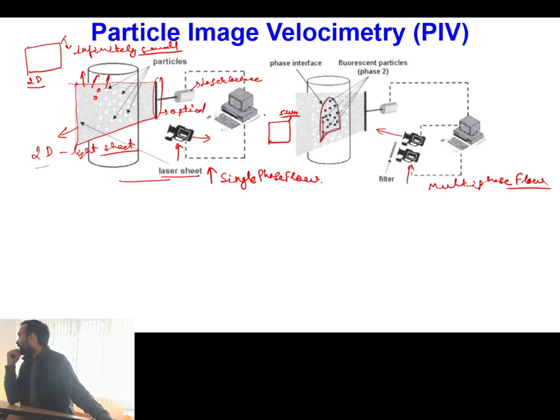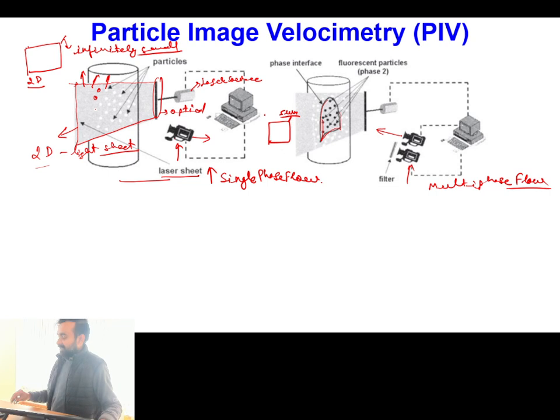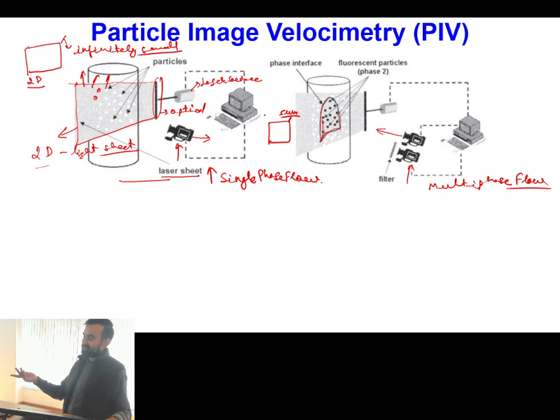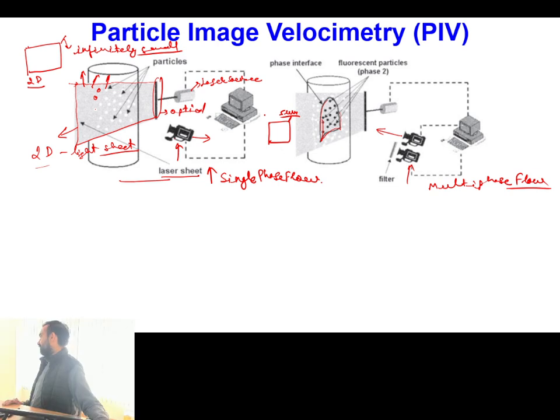I will also show you in the subsequent slides that when we do the velocity measurement, along with the real velocity field it also gives some spurious velocity measurements which are actually unphysical. So we also have to identify which is physical velocity and which is unphysical data, and remove the unphysical data.